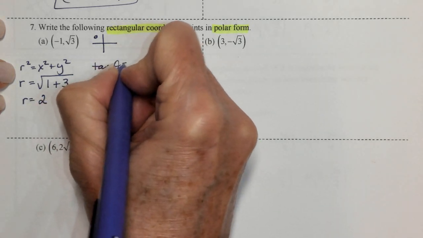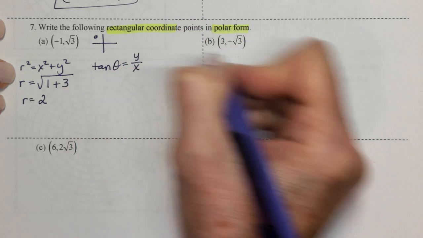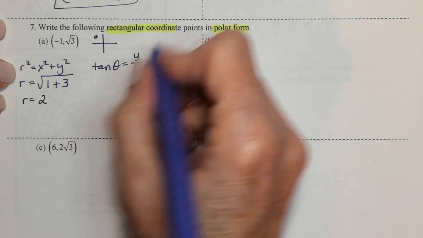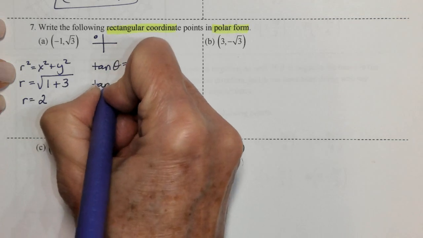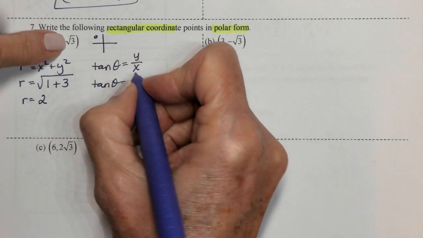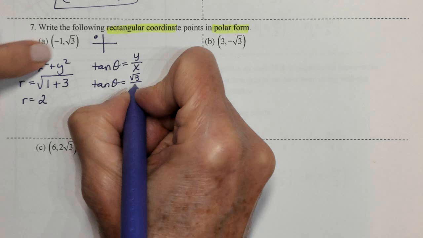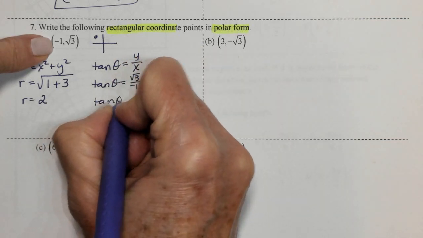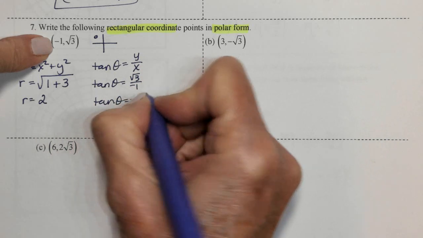Tangent of theta is y over x. It's the slope, right? So tangent of theta for us is square root 3 over -1. That means tangent theta is negative square root 3.